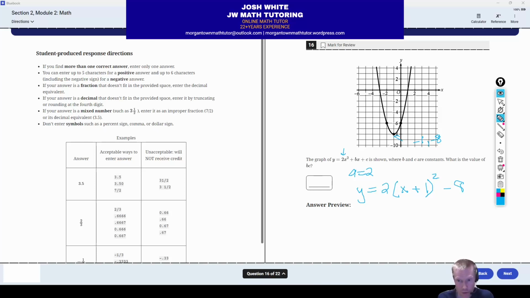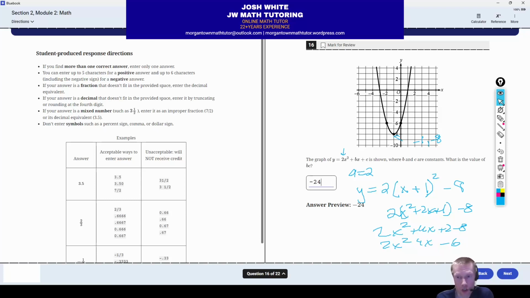Now you would square this out, and it becomes x squared plus 2x plus 1. Then you have to distribute the 2: 2x squared plus 4x plus 2 minus 8, and then combine your like terms. Okay, so what is b times c? 4 times -6 is just -24.